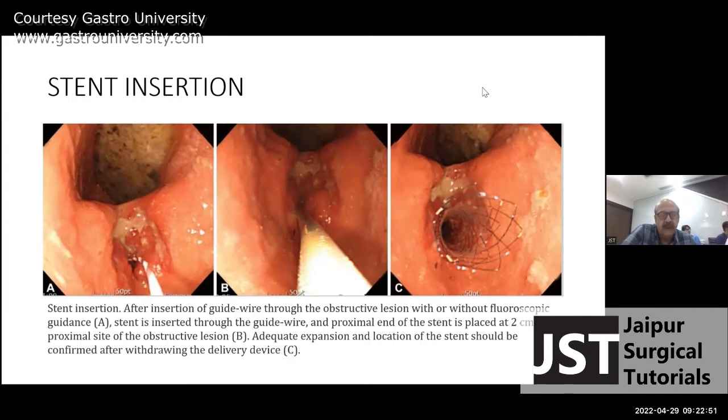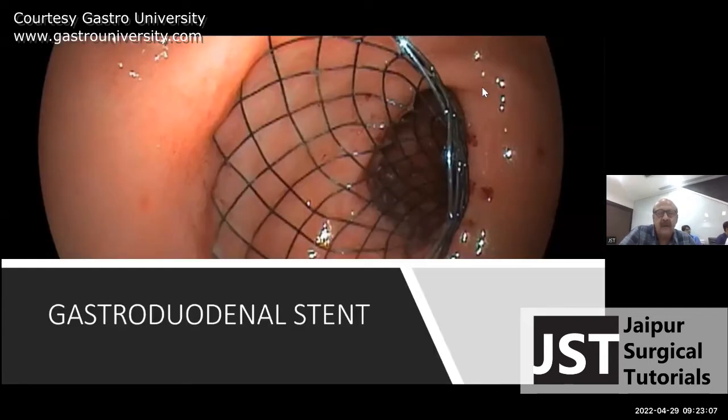But you can use endoscopic markers as well by injecting a small amount of contrast. So this is how stenting is done. This is the gold standard of placing the stent anywhere in the GI tract. And this is how the stent looks after placement. This is the stent across the pyloric opening.